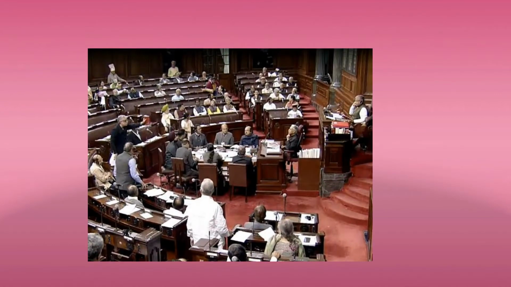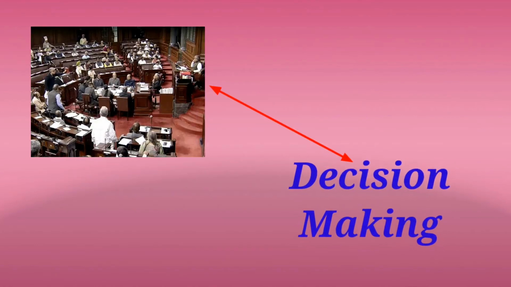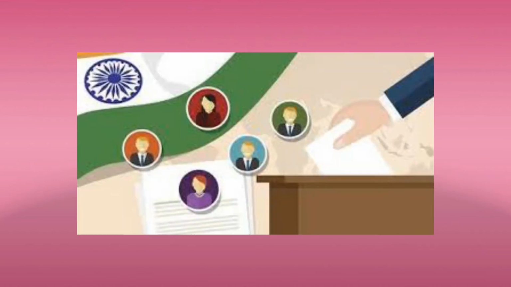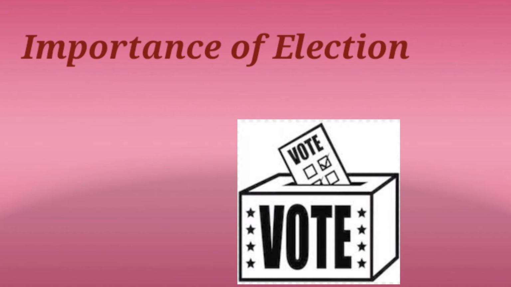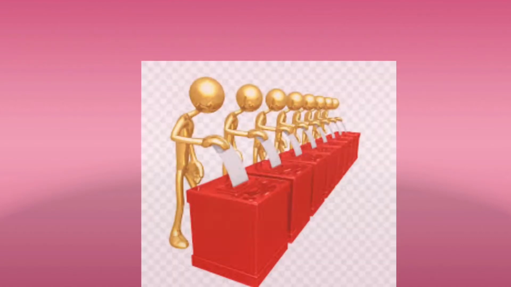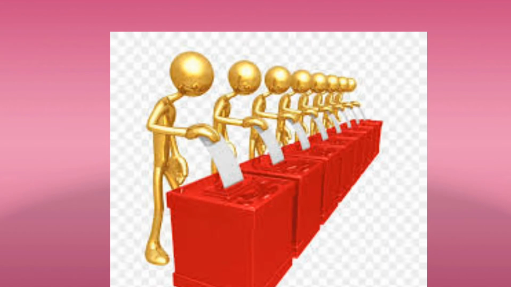First, let's discuss why people should participate in decision making. What is the importance of people's participation in the process of decision making? And second, is there any difference in the government if the government is not elected by the people? First of all, let me explain the importance of election. As citizens, we can select our representatives only by election.